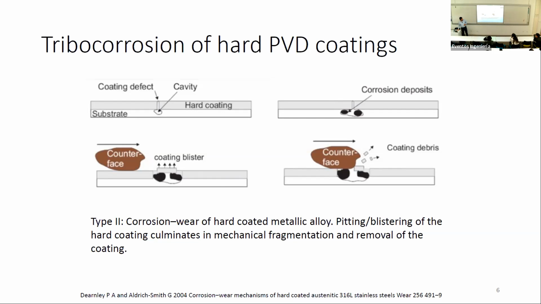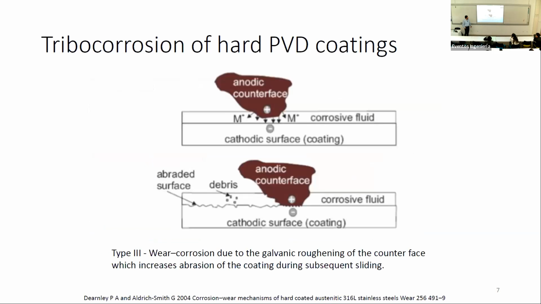And sometimes we also observe another phenomenon where the rubbing surfaces will be such that the counterface, let's say, will become anodic to the material.